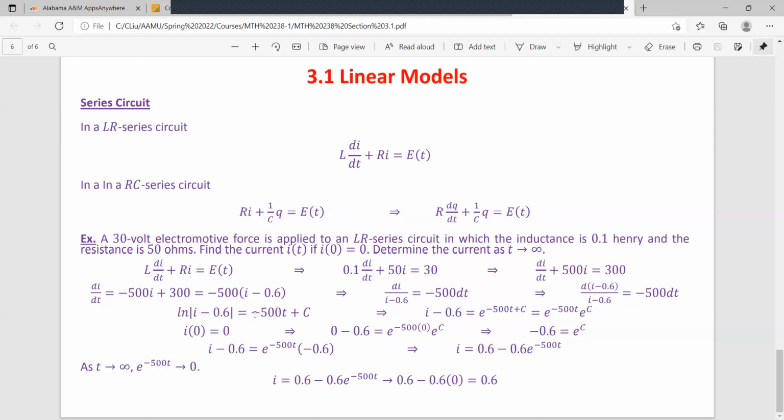If you do that, you get the natural log of the absolute value of I minus 0.6 equals negative 500 t plus an arbitrary constant c. So take the exponential on both sides.